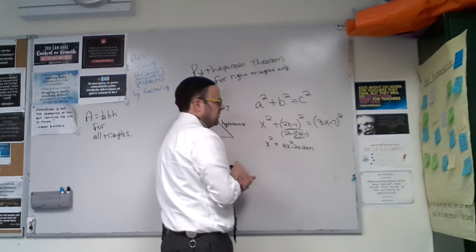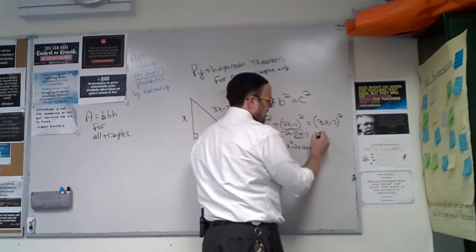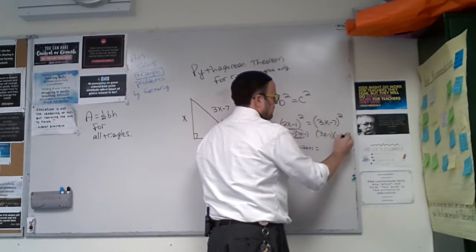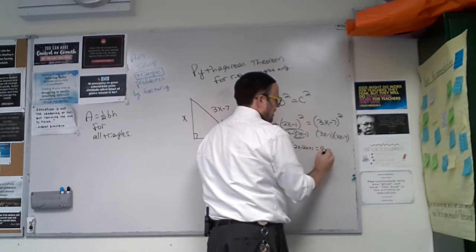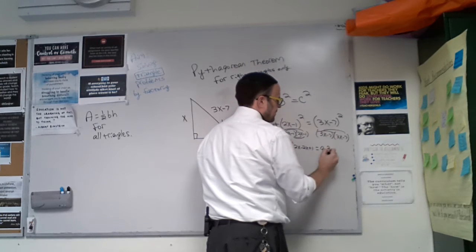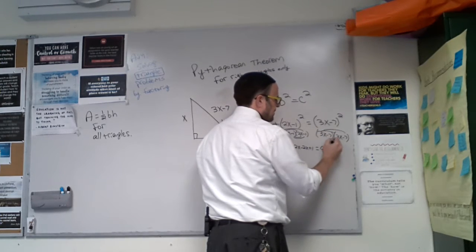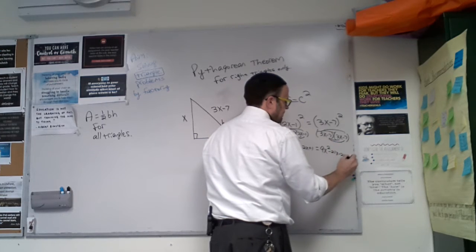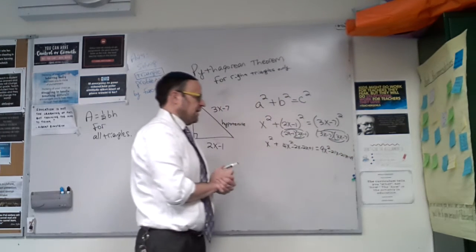Bring down that x squared. And what do I have over here? I have 9x squared minus 21x minus another 21x plus 49.